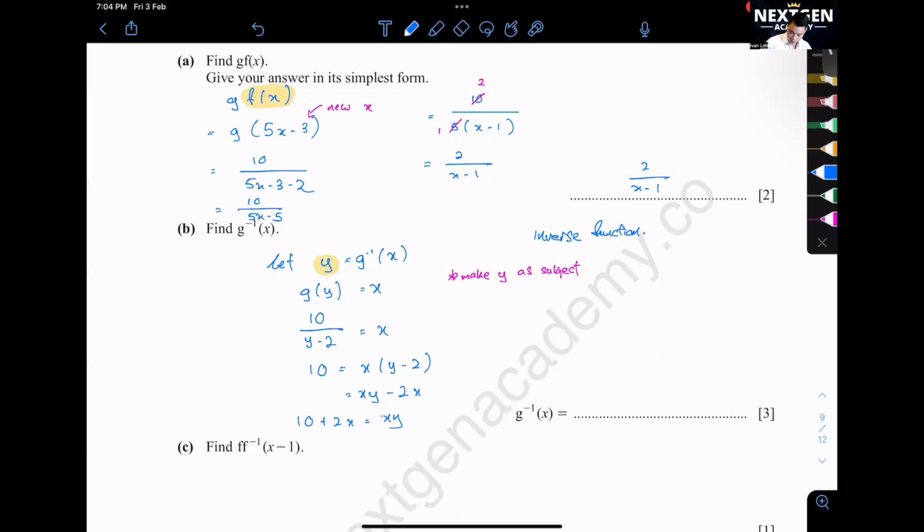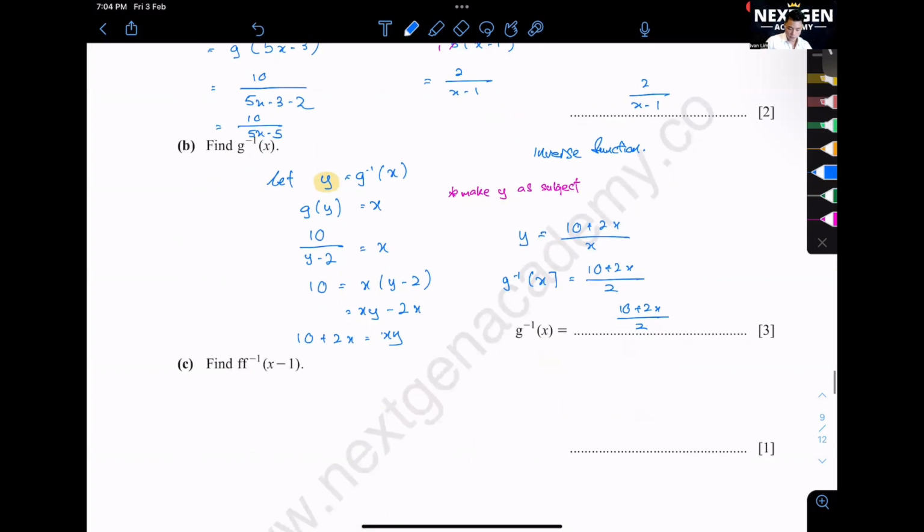Then I divide by x, so y will be equal to 10 plus 2x over x. You can rewrite this back again, because y is g inverse x also, as defined in the first sentence. Therefore, g inverse x is equal to 10 plus 2x over x.